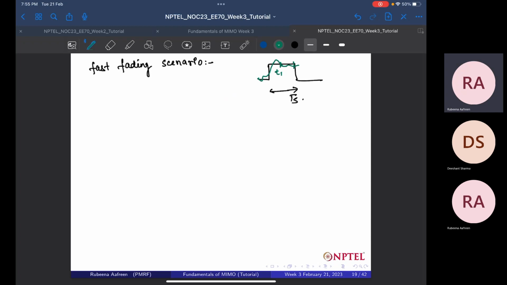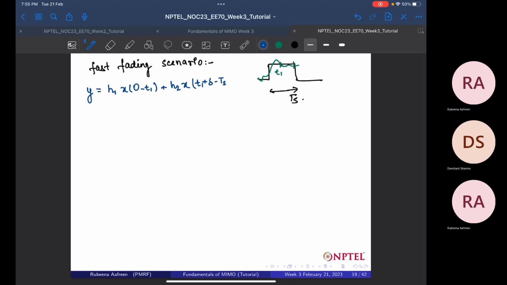So for this scenario, what should be the received signal? For the first time duration, h1 would be the channel and x from the duration 0 to t1. Then for the second, x from t1 plus delta to Ts.